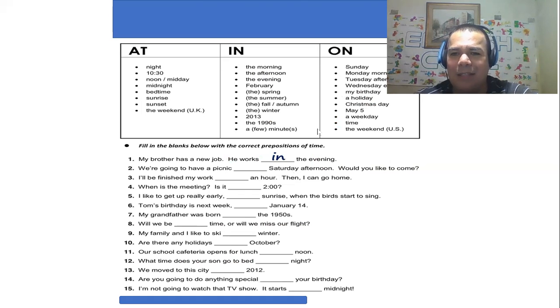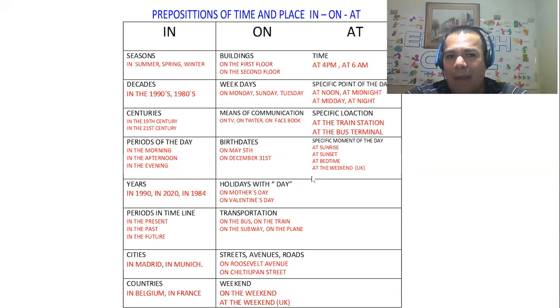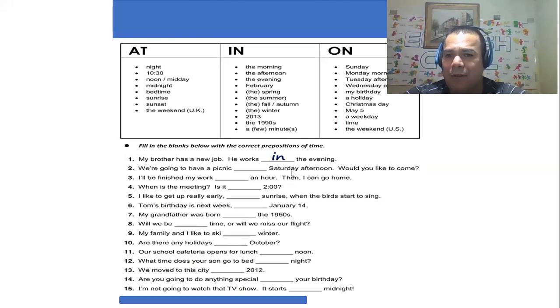So guys, this is the way that we do this exercise by practicing. So analyze it, go back right here, analyze it, and if you don't understand, basically here I put some other examples, a table to be specific, for you to identify which is the correct preposition of time that you're gonna use in these spaces.